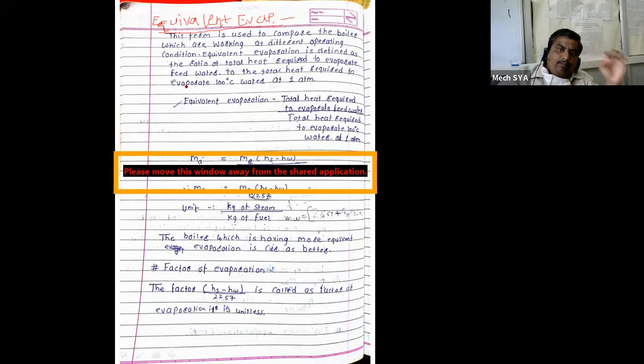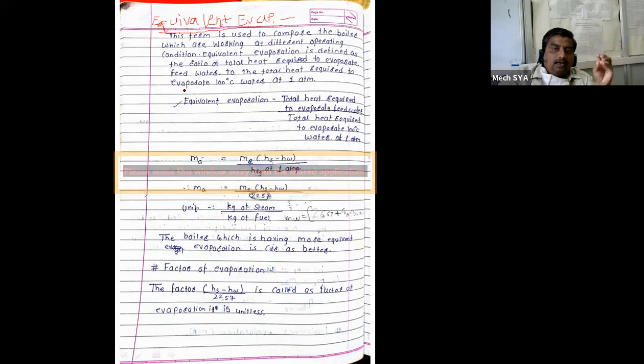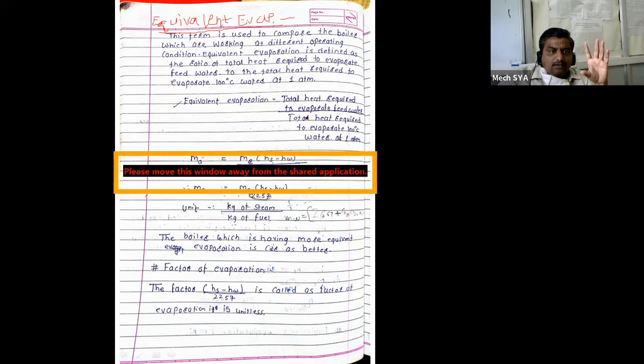We are comparing the total heat required of any boiler to the standard conditions, that is, 100 degrees Celsius water to 100 degrees Celsius steam at 1 atmosphere pressure.